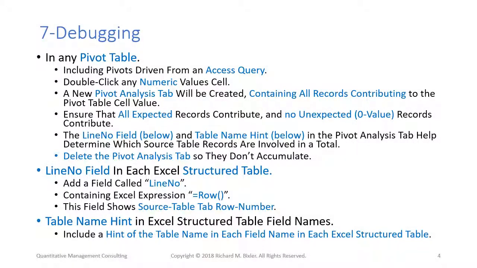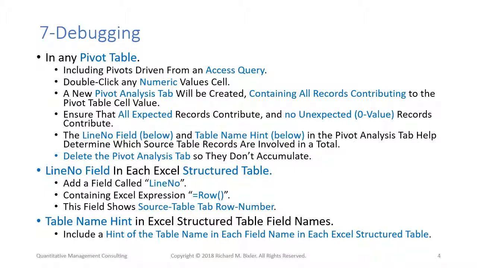Since all fields are shown, it can be confusing to figure out which table each field comes from. Include an abbreviation of table name in the name of each field to clarify where each field is from. For example, AK element for a field containing element name in table alloc, abbreviating that table name as AK.